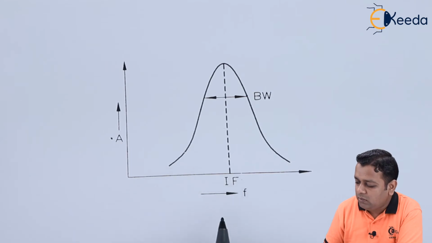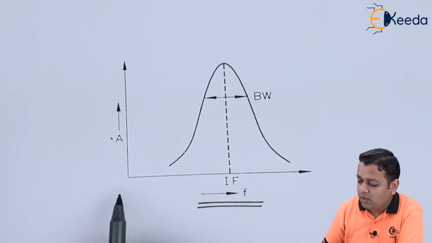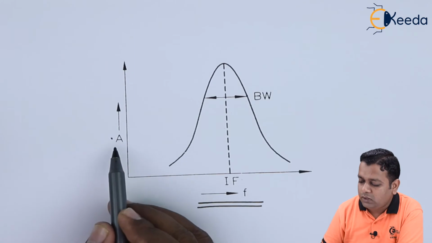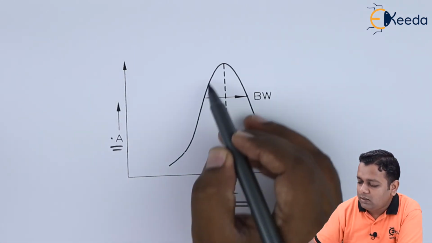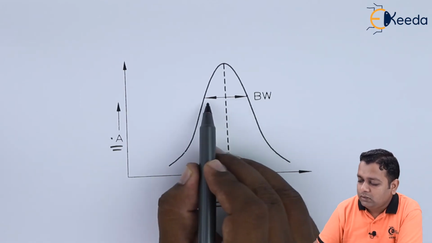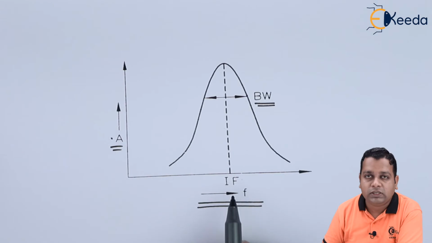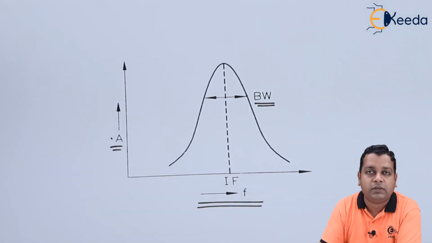In this schematic diagram, you can see for the broadband use of the amplifier, we have the frequency values plotted on the horizontal axis, whereas the amplitude levels are shown on the vertical axis, and here is the pulse having this much bandwidth. The center frequency is represented as the IF frequency, and this is the representation for the IF amplifier block.